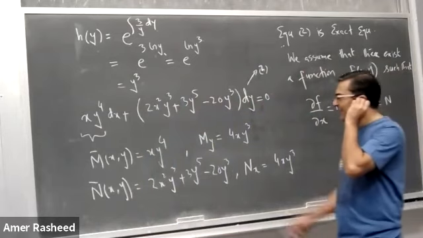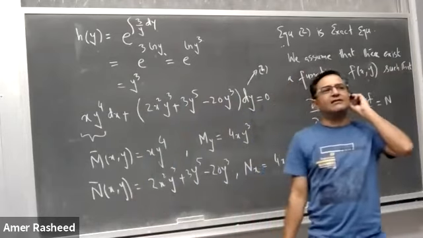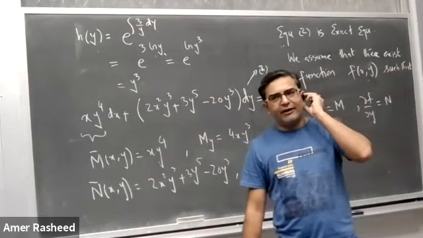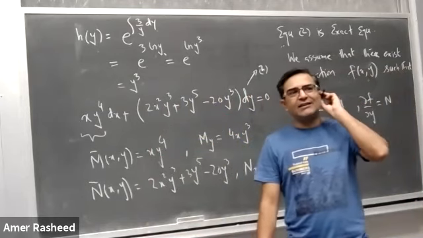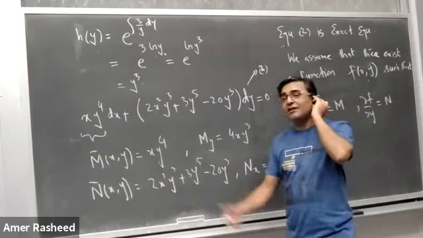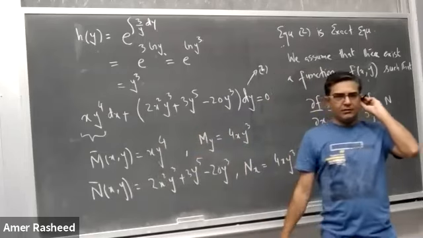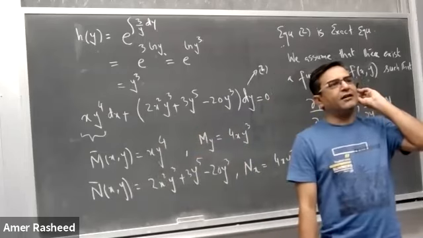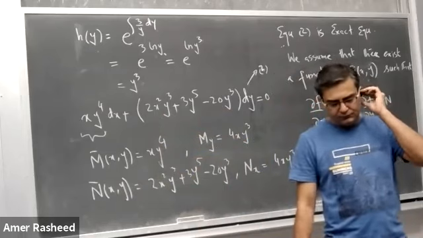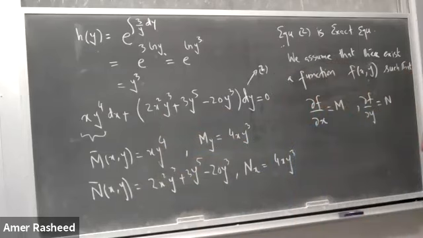As we had discussed, if the equation is exact, then there must exist a function f of xy whose differential is the left hand side of this equation. Then we try to find that function. Now we are going to find this function f of xy, which is unknown.